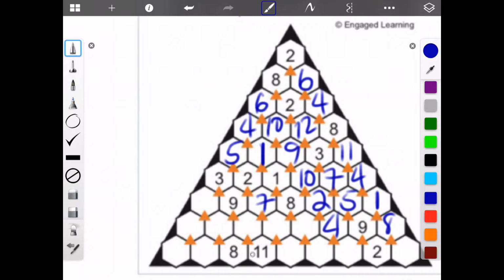To get to 2, 6. To get to that, 2 to get to the 8. To get to the 7, it could be 5 or 9, but we already have a 9. So it has to be 5. To get to 9, we already have a 4.